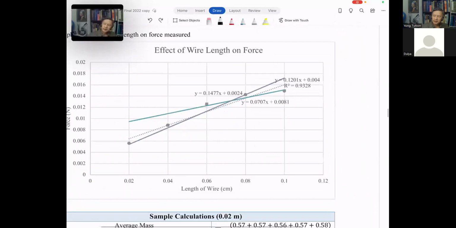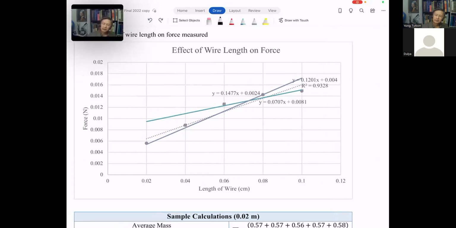Okay, can you stay here? The solid dark line, the slope is 0.12, right? And the R square is. That's for this one. Sorry. The slope, the 0.12 is for this one, which is the line of best fit.